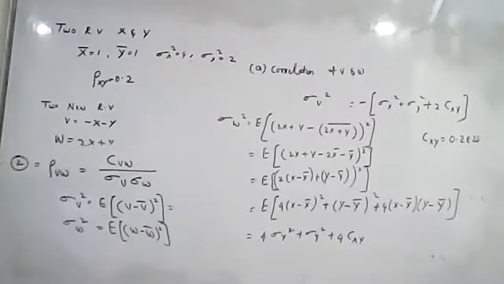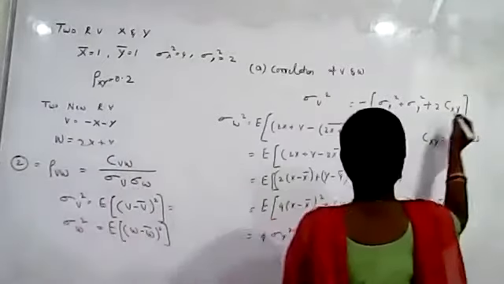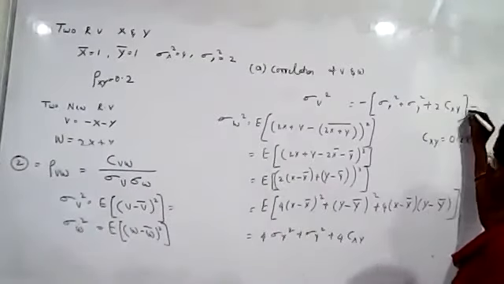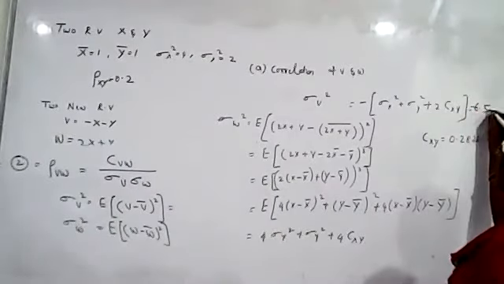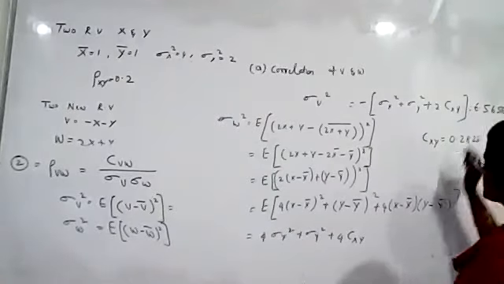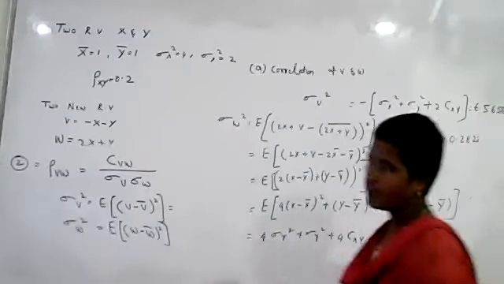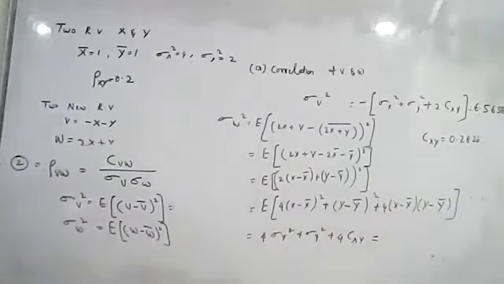To find out CVW, now tell me what is the variance of V. You got 6.5656. Variance of V is this value, 6.5656. What is the variance of W? Substitute the values and tell me what is the variance you got.